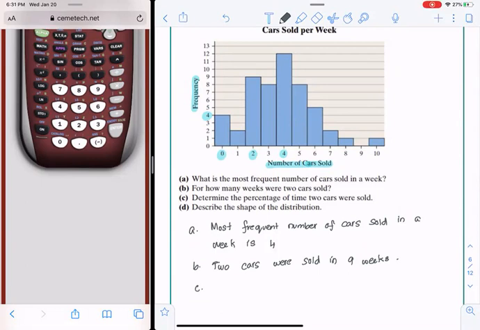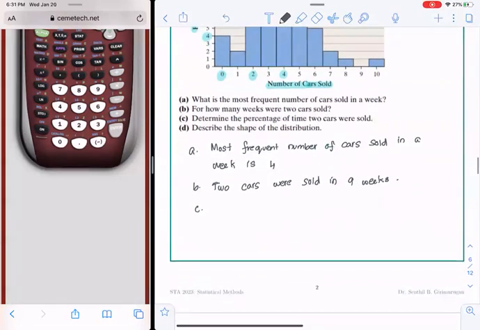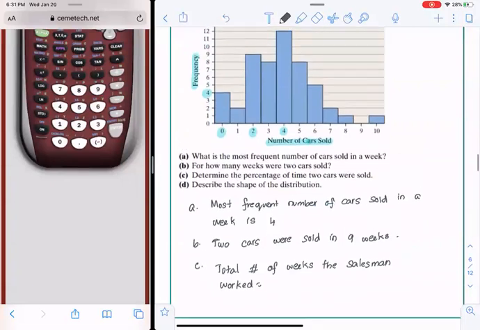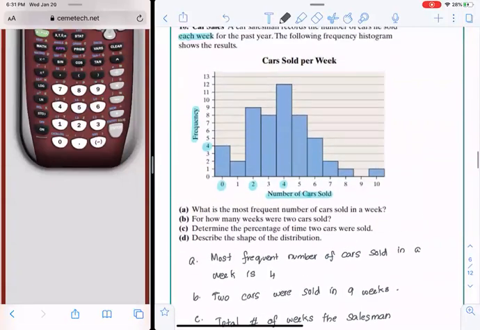So we're going to look at the total number of weeks that the car salesman worked, and we could determine that simply by adding the height of each bar.